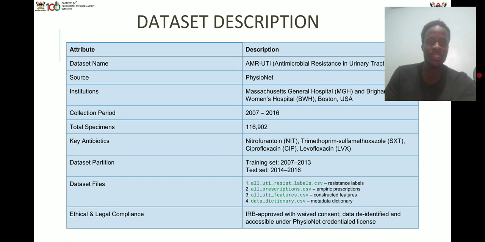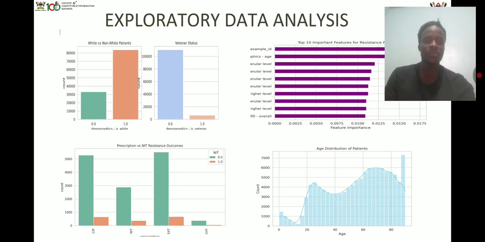The total specimens were 116,902, and we have 4 antibiotics in the dataset. The dataset also contains 4 files that we will use to carry out our project.